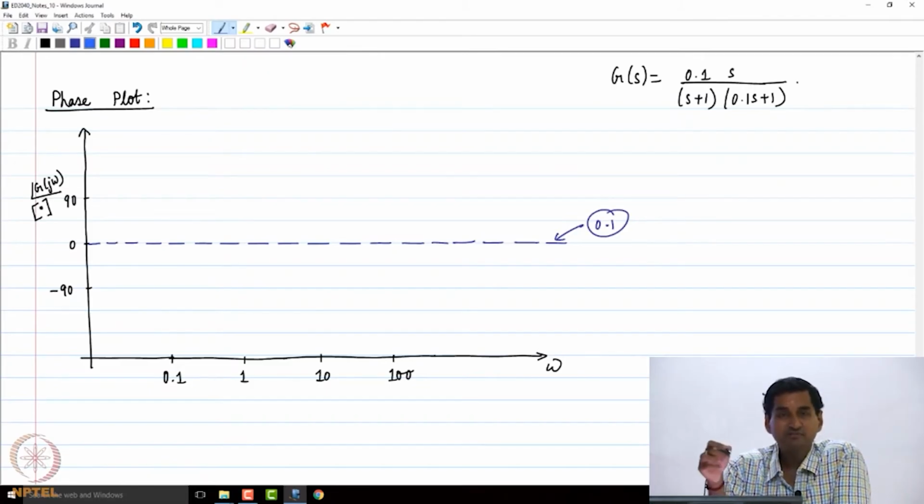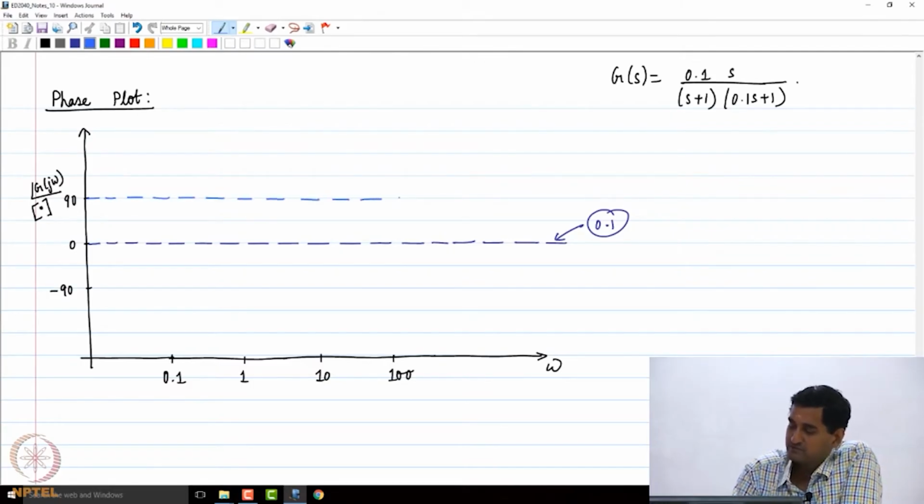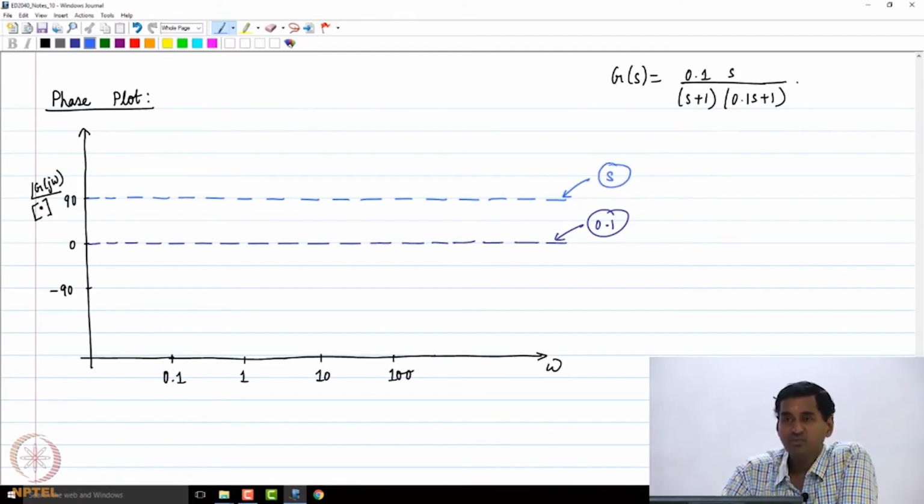What is going to be the contribution from s? Plus 90, all right. So, that is going to be the same throughout the frequency range. So, this is the phase contribution of s. What about the phase contribution of 1 by s plus 1?